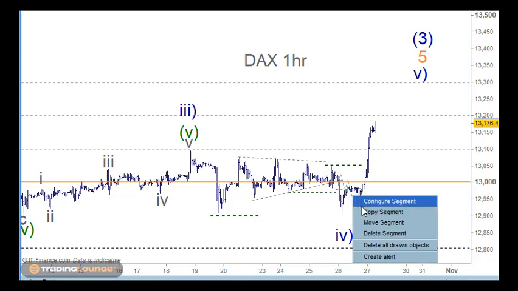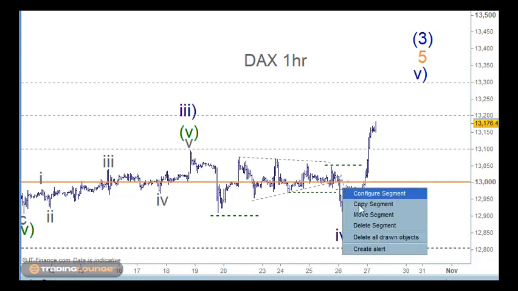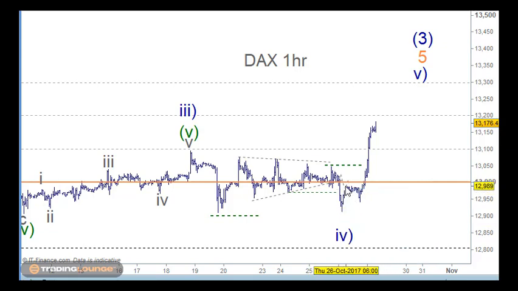But the interesting point here is that it never failed its retest when it came back and checked here. It broke down here and came back and retested here, and that's okay.